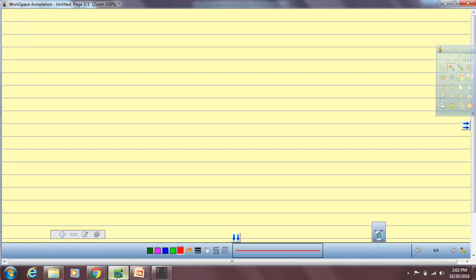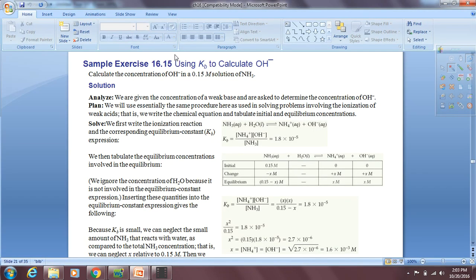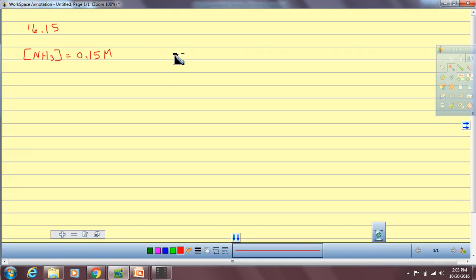We know that our concentration of ammonia is 0.15, and we can look up the Kb for this reaction and find that it is 1.8 times 10 to the negative 5 for ammonia.